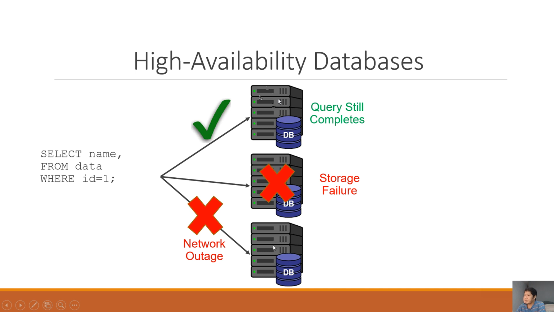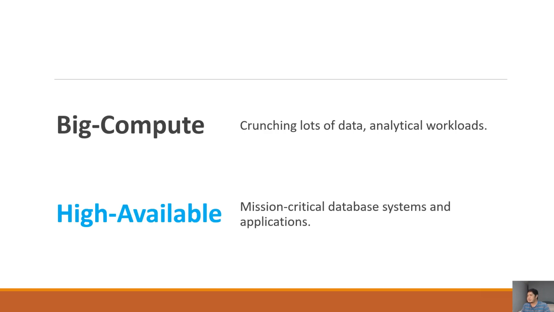High availability is ideal for mission critical database systems, because no matter which one fails, as long as one copy remains on a node, all data are available. That's why we call it high availability.